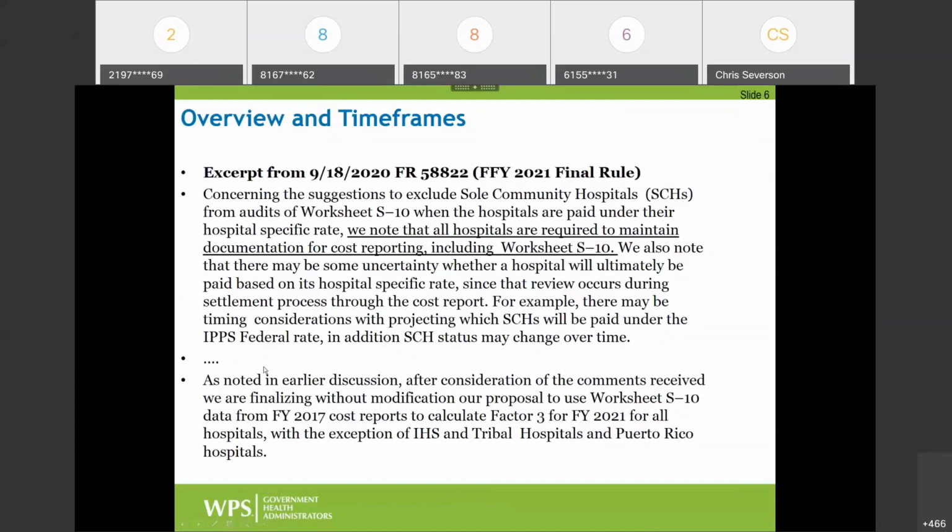So if you read through that whole thing, I skipped over a little bit for length, but it basically is saying that, yes, the Sole Community Hospitals are still subject to the S-10 audits. And I know, again, a lot of providers have commented on that or questioned that, but we are required by CMS to audit that data. So the information requests did go out to the Sole Community Hospitals as well.